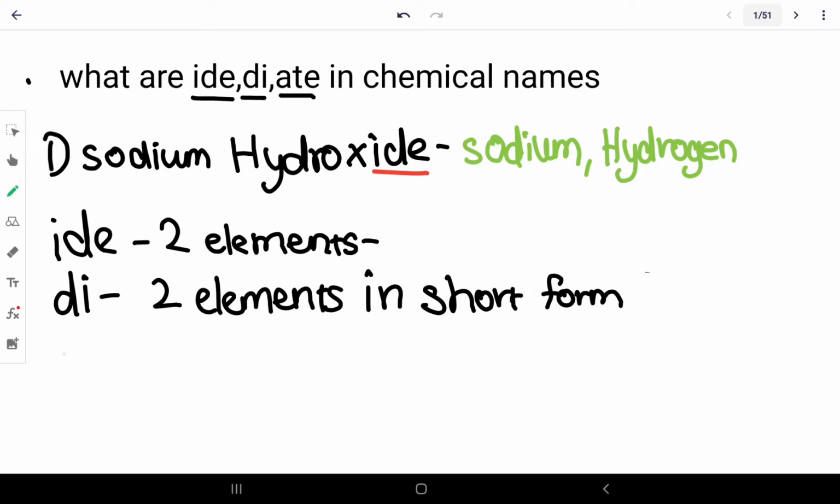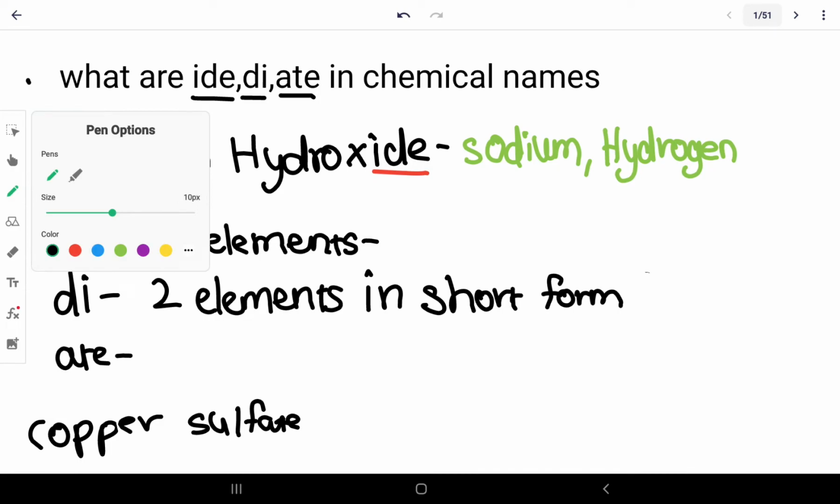Okay, now ATE. So ATE means that, for example, if you take copper sulfate, what would be asked?